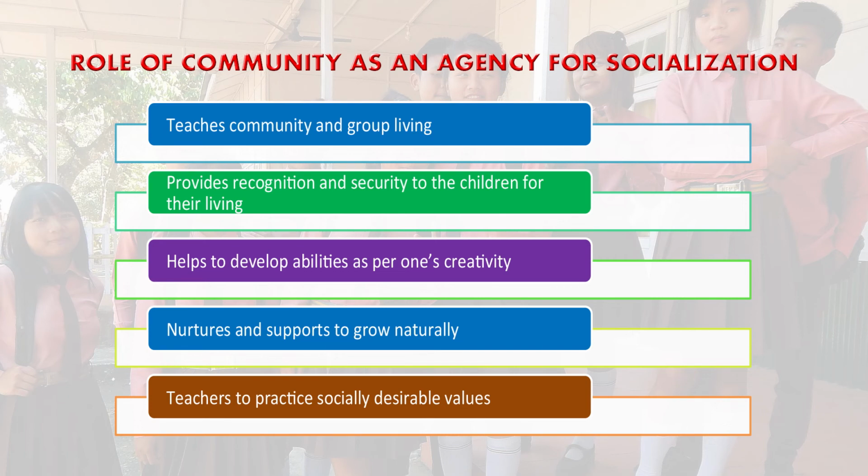So it is the community that helps the child to work as per their own creativity and to create certain new things. Further, the community nurtures and supports the child to grow naturally. Every child has certain potential abilities and wants to develop naturally. So here the community helps in grooming the child naturally.